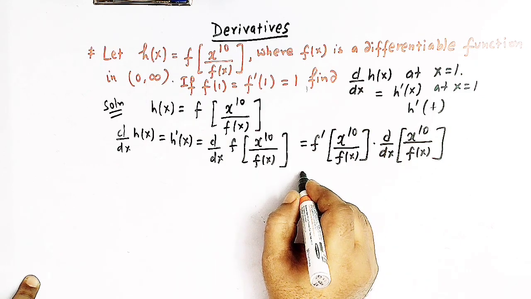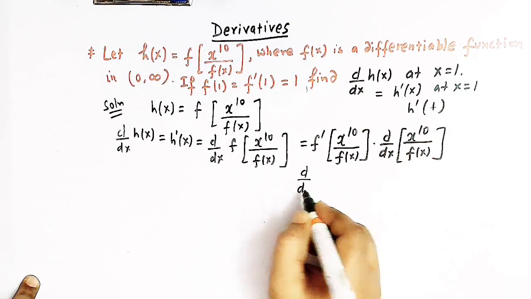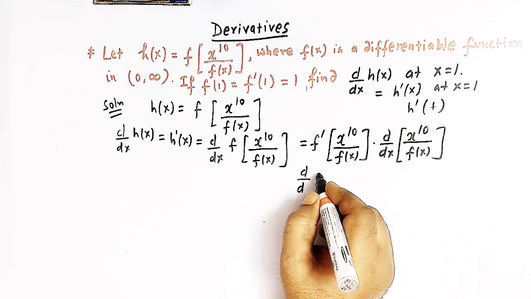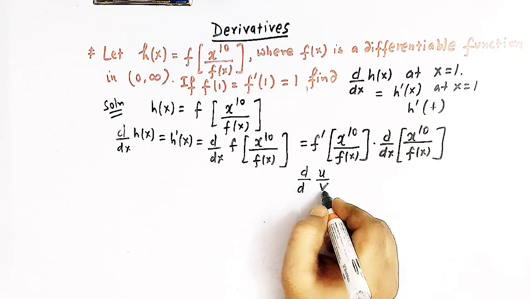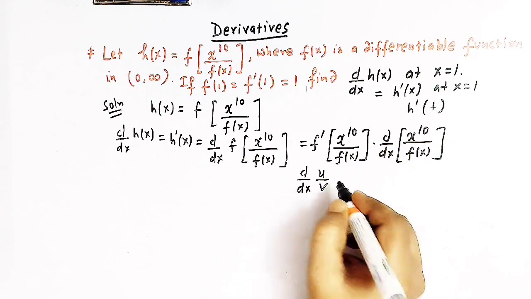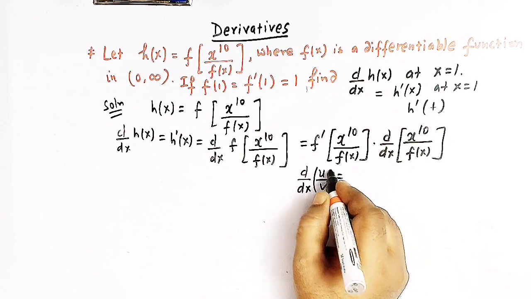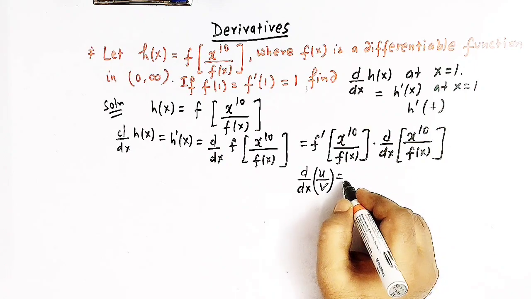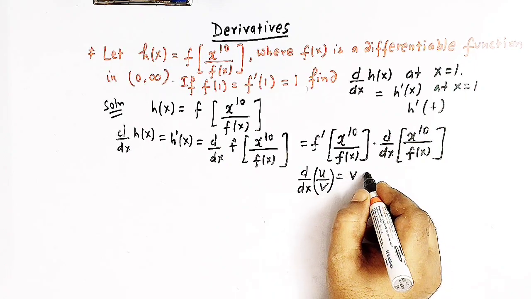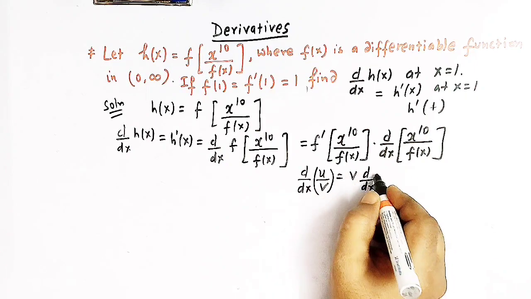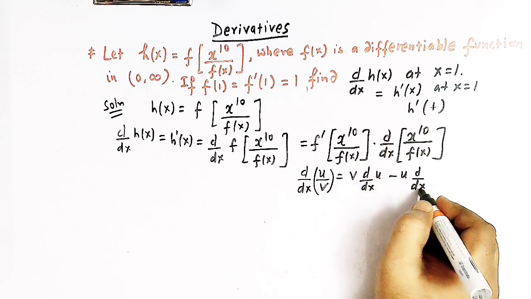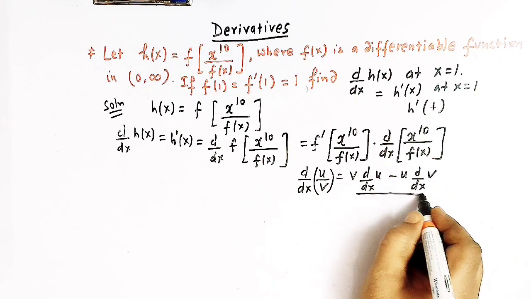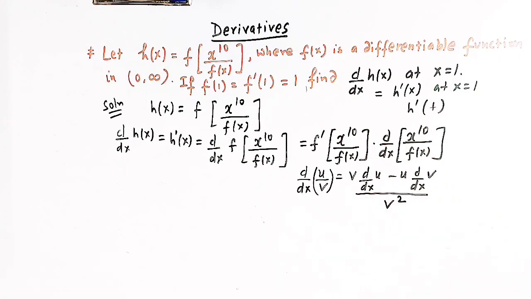The quotient rule goes like this: if we have two functions, say u and v, which are functions of x, the derivative of u over v is given by v times derivative of u, minus u times derivative of v, divided by v square, right?